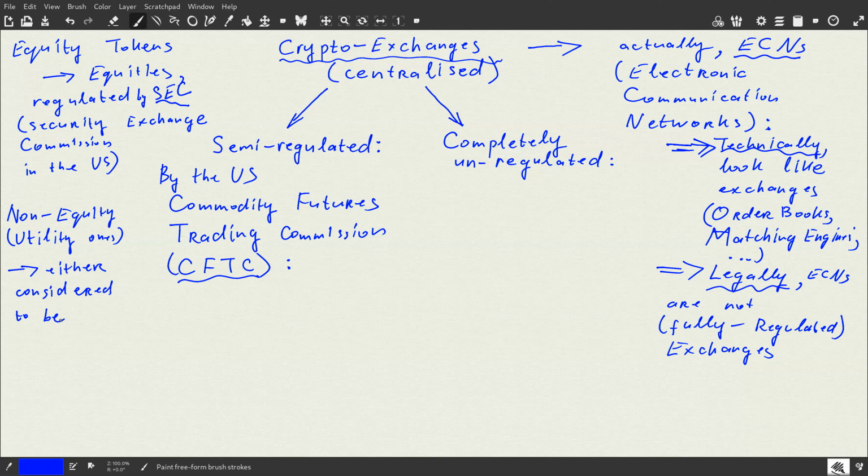So there is no surprise for this reason that, for example, currencies and cryptocurrencies such as BTC are, from a legal point of view, if regulated, considered to be commodities. Regulated by CFTC or completely unregulated.